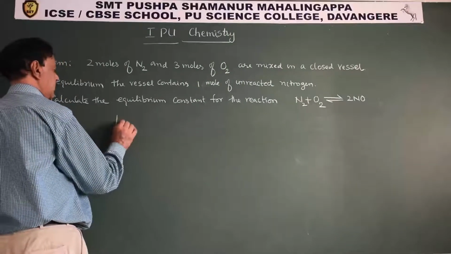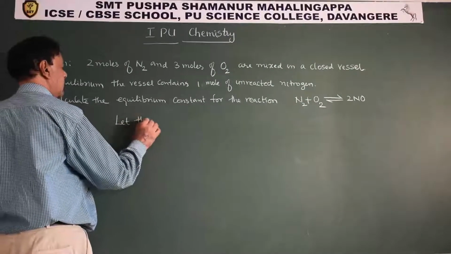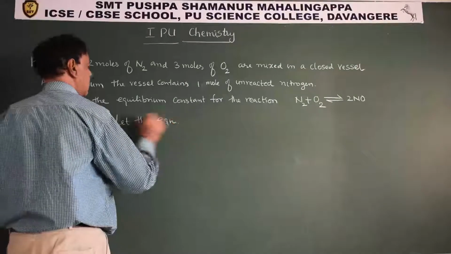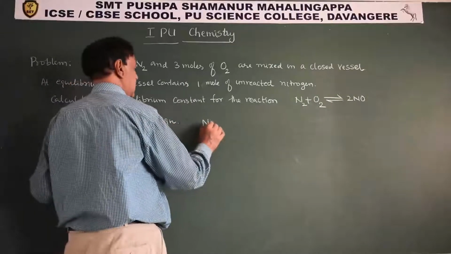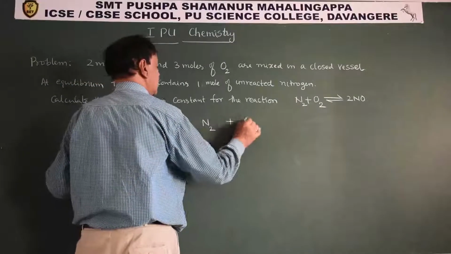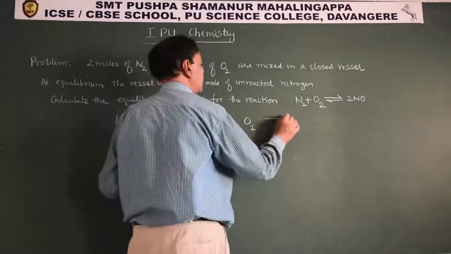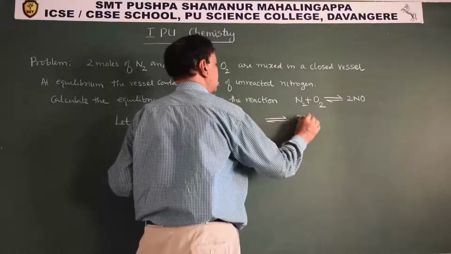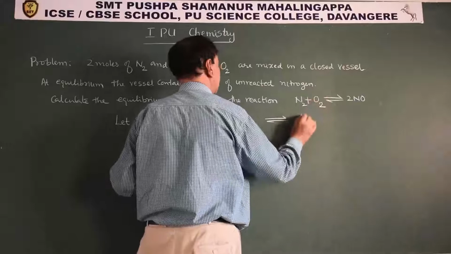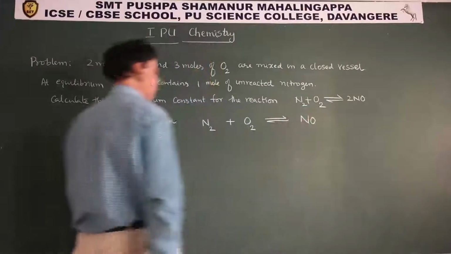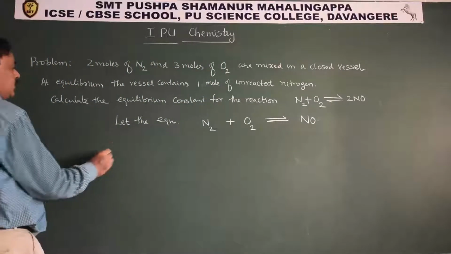Let the equation be N2 plus O2 equilibrium with 2NO.